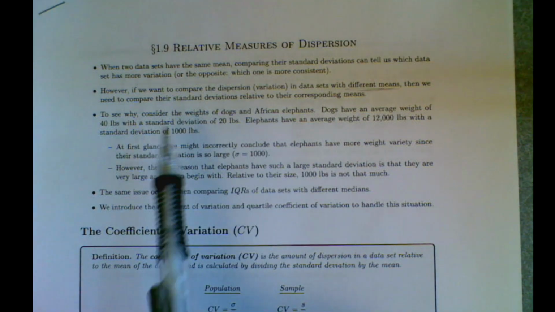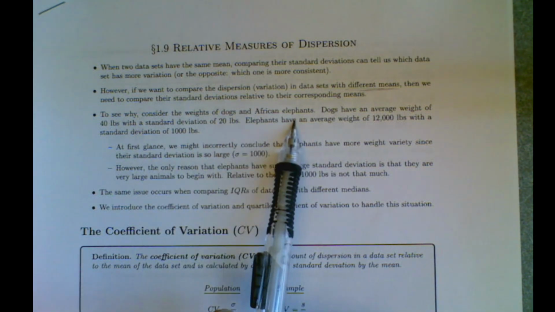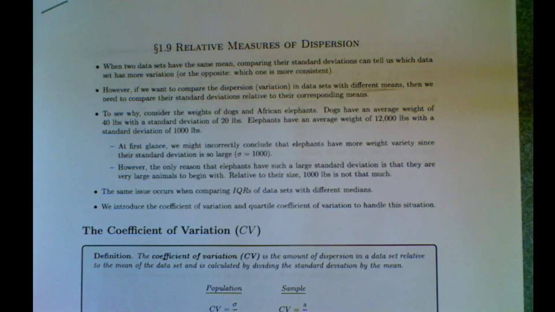To see why, consider the weights of dogs and African elephants. If you consider these two different species, you would agree that there's more variety amongst dogs, right? There are tons of different dog breeds, and so you have some very, very small dogs, and you have some very, very large dogs.